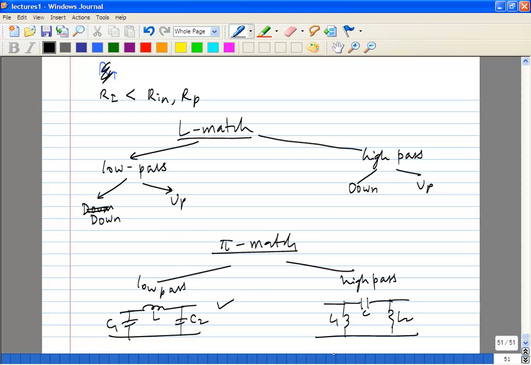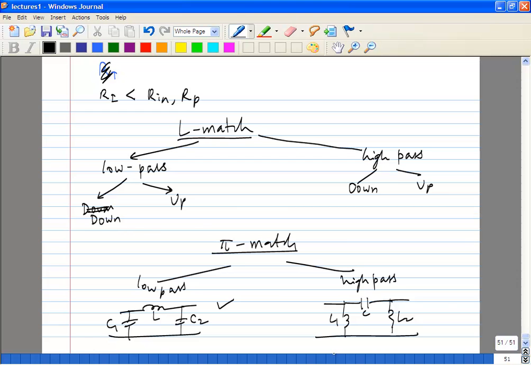For example, let's say instead of an LNA you're trying to match a power amplifier to an output of 50 ohms. So you have some power amplifier with a DC and AC and so on, right? What happens if you use something like this? Output has 50 ohms, your circuit is trying to drive this. What happens to the DC? An inductor is a short for DC, a capacitor is open.